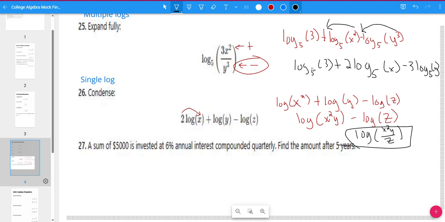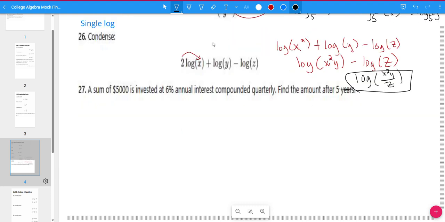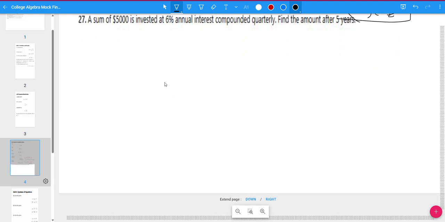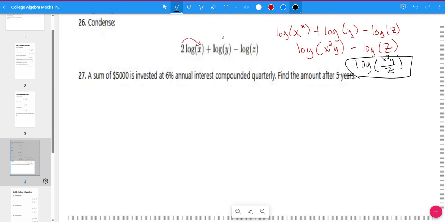Okay. And then for 27, a sum of 5,000 is invested at a 6% interest rate and compounded quarterly. Find the amount after 5 years. It'll usually give you the formula, it should on the test.